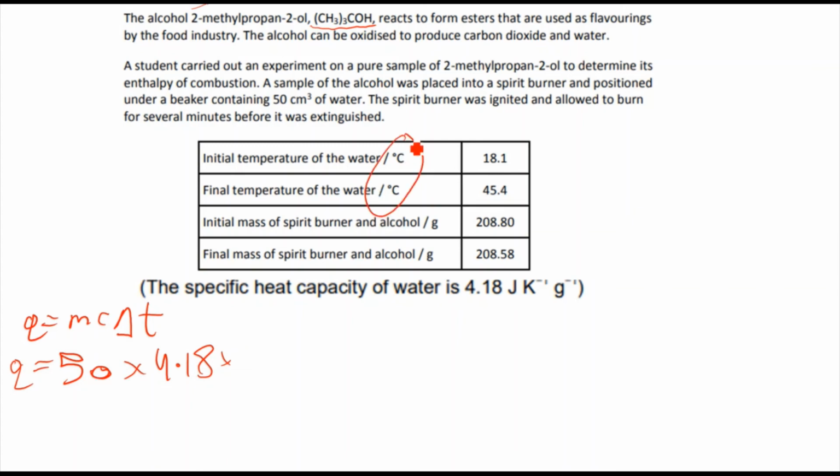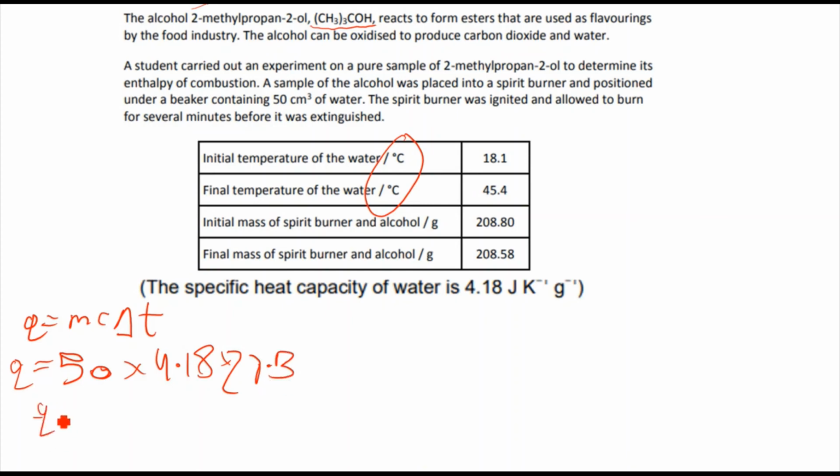So again, because it's Celsius, it's not Kelvins, it does not matter. So I can just calculate the temperature change. So I would just do 45.4 minus 18.1, and I would simply get 27.3.